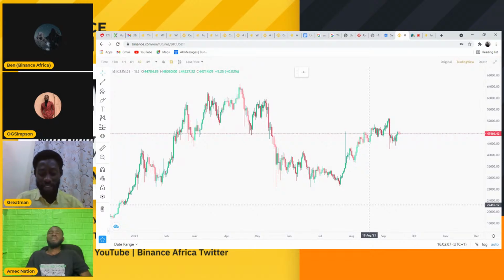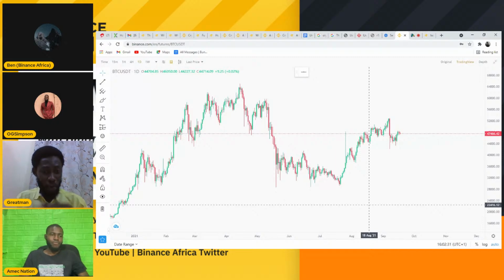Resistance, on the other hand, is a level where the price of a crypto asset tends to find supply pressure strong enough to stop or reverse its price from moving upwards in an uptrending market. I always say it's dangerous to long the market on a resistance level that has not been broken and retested.